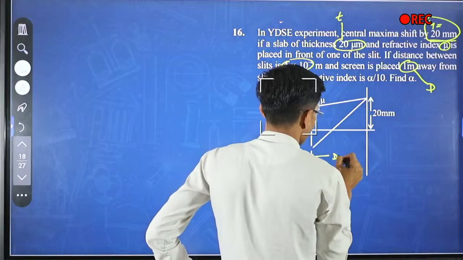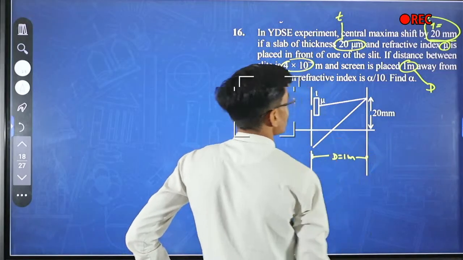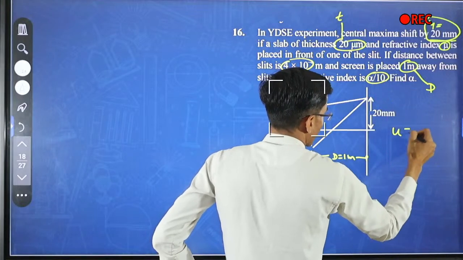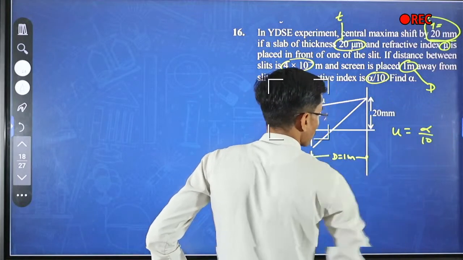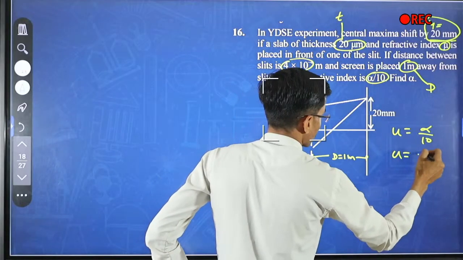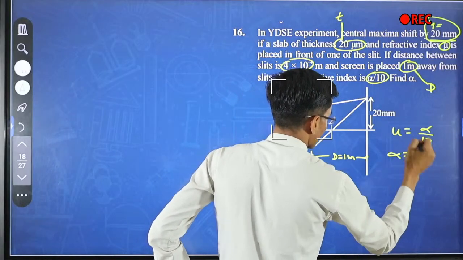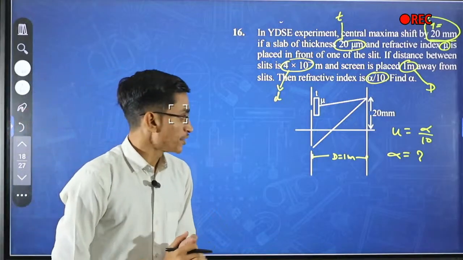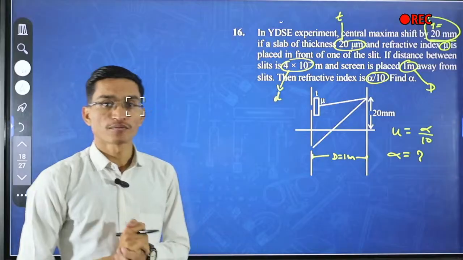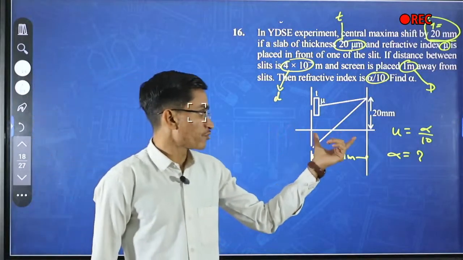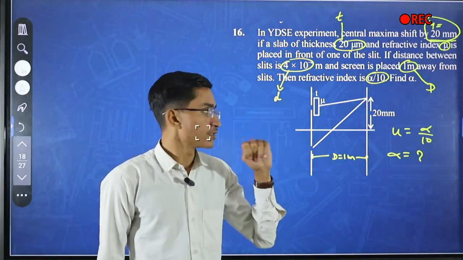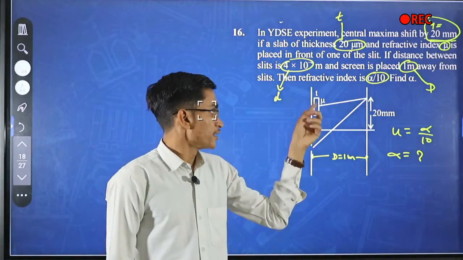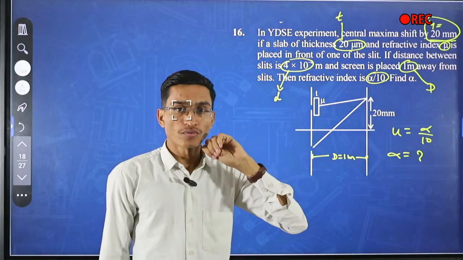from slits to screen. We have to find alpha by 10, where alpha by 10 is equal to mu. Maybe you know that in a previous shift, the 21st January first shift, the same question was asked, but in that question it was asked about thickness t, and in this question we have to find mu.